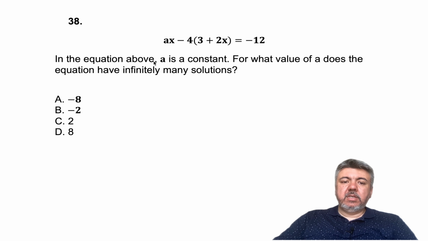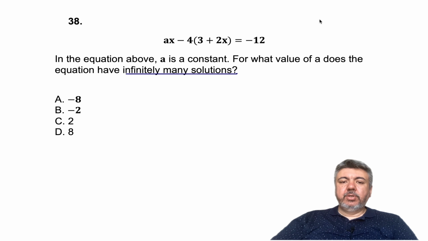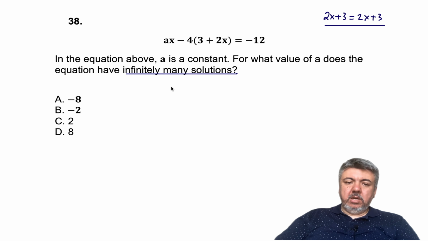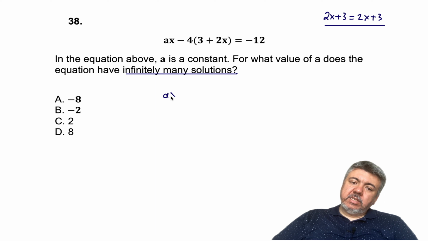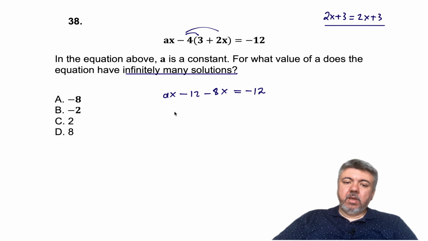Question 38. Infinitely many solutions. That means it should satisfy for all x values, something like that. So in these kind of questions, we want to see something like 2x plus 3 equals 2x plus 3. Let's expand it. ax minus 12 minus 8x equals -12.